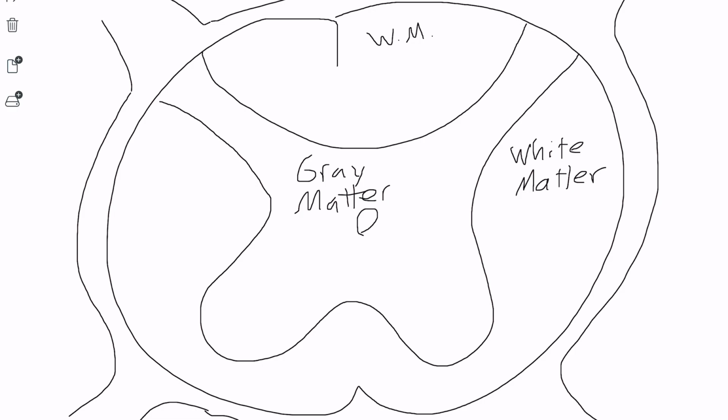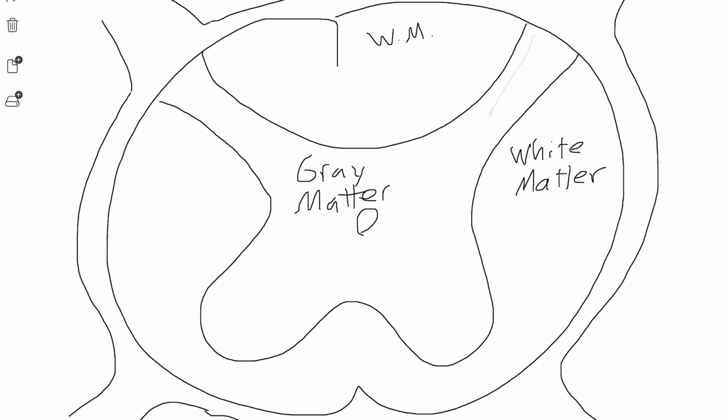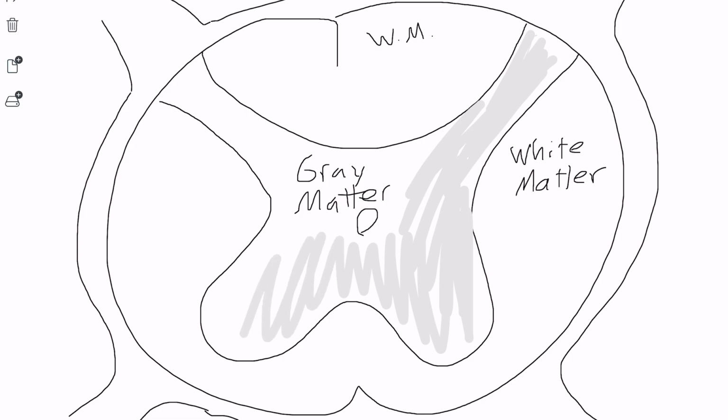And let me attempt to color code this a little bit better. So we know, let's see what this looks like. There we go. Of gray matter. All right, this is our gray matter right here.